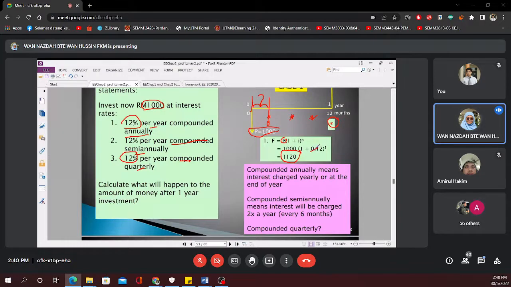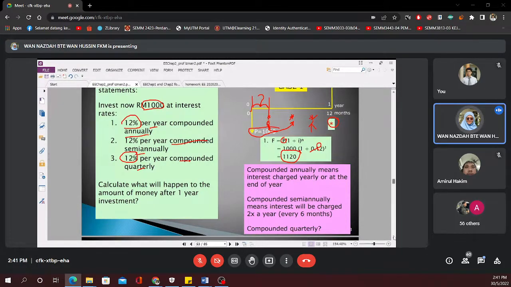Bukan. Ni dah bukan 12% lah. But it is greater than 1,000. So the principal keeps adding. Kalau dia nak kira dekat sini pula, so principal dia dah bukan sinilah. Dia akan guna yang awak akan dapat kat sini sebagai principal pula untuk kira at the end of 9 months kat sini.